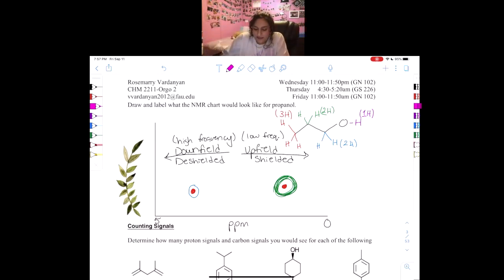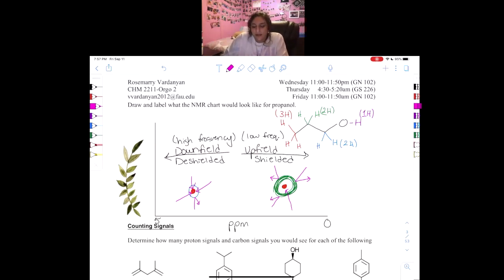And the electron density, the shield, is going to protect it from these beams that are going to hit it, like in the NMR machine. So if we hit this thing with 4 beams, only one of them is going to go in because this shield is so efficient. But over here, if we shoot 4 beams again, this is so inefficient that most of the beams are going to go in.